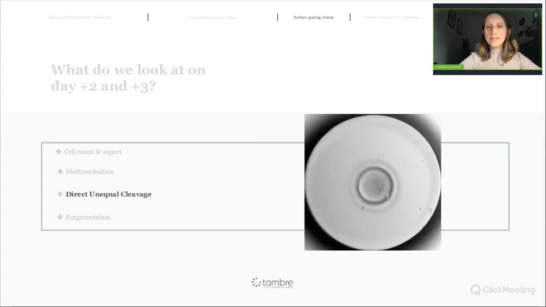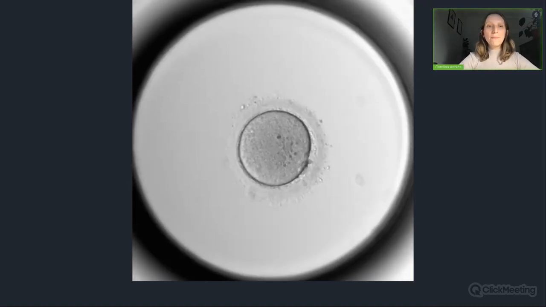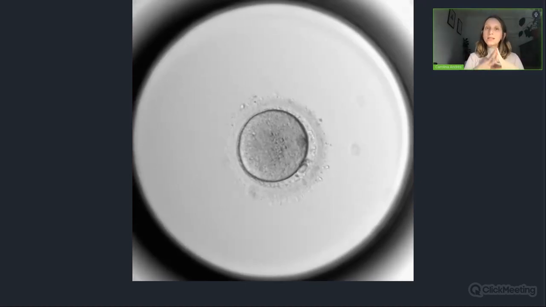Another feature that is going to condition our development is the direct unequal cleavage. I have brought you a video so you can visualize it better. From what I have explained, normally embryos will divide from 1 cell to 2 cells, and each cell will divide itself into 2 other cells, so from 4 cells to 8 cells.